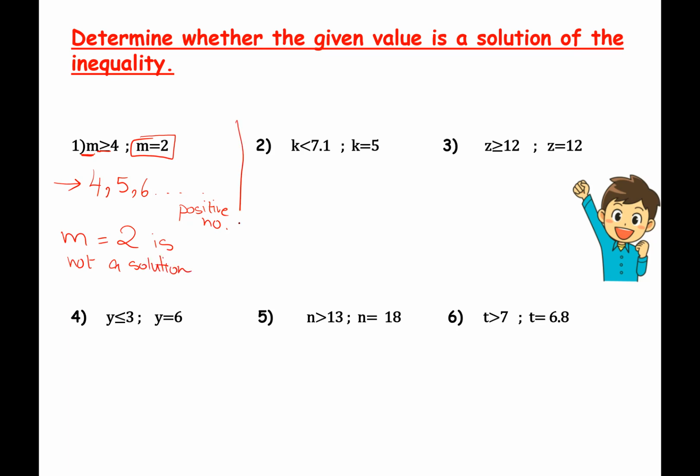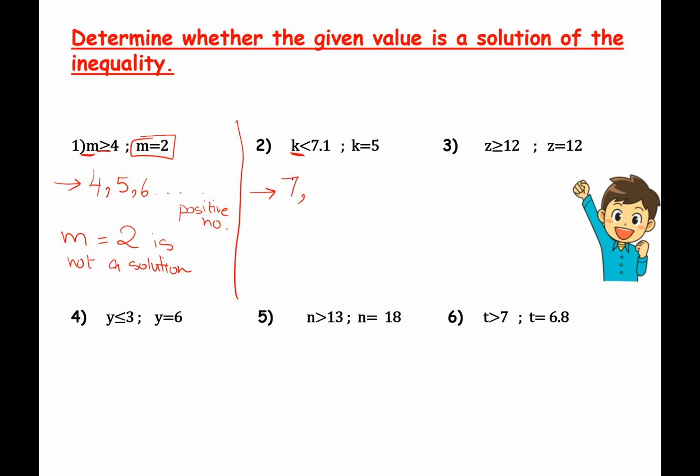Okay, perfect. How about the second example? It says k is less than 7.1. Okay, k is less than 7.1. So in this case, is 7 included? K can be any number that is less than 7.1. Therefore, in this example, yes, 7 is included.